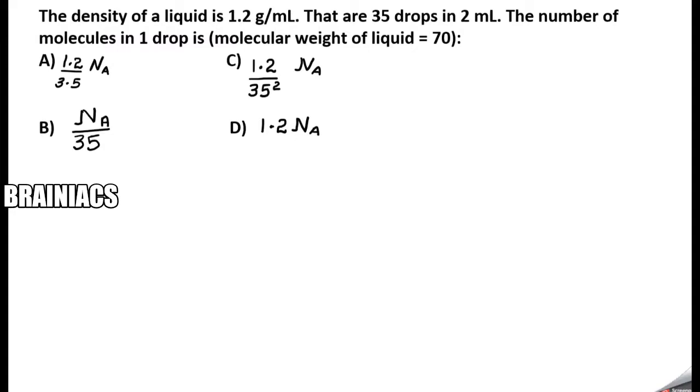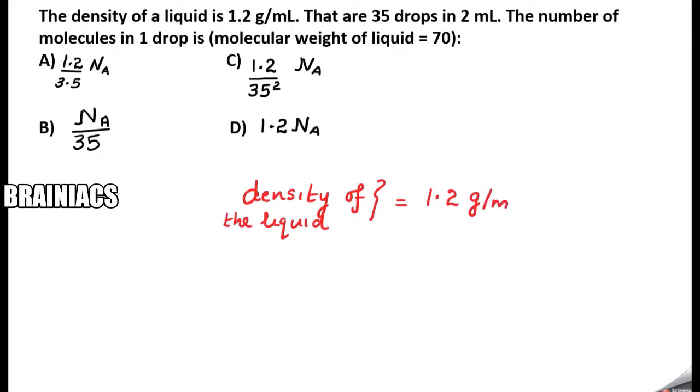So density of the liquid is given. That means there is a liquid. So I can say the density of the liquid is equal to 1.2 gram per ml.